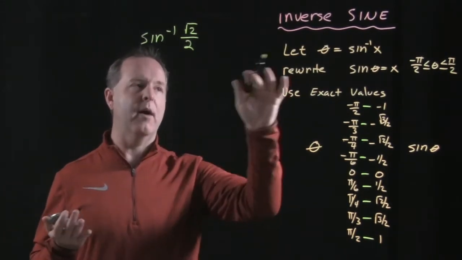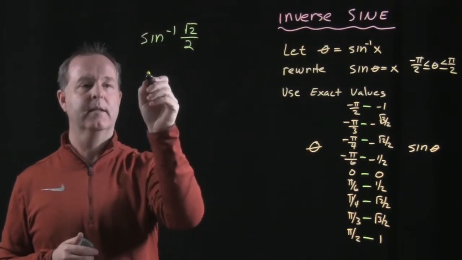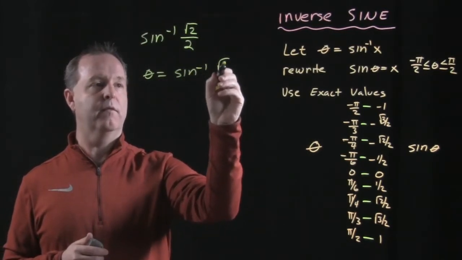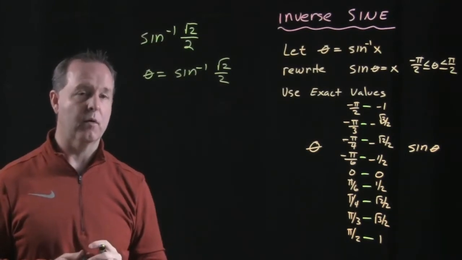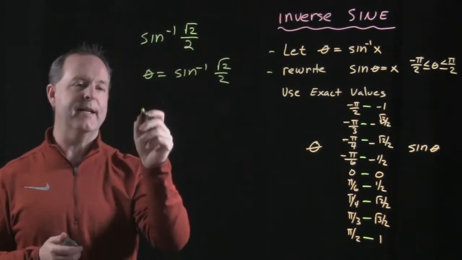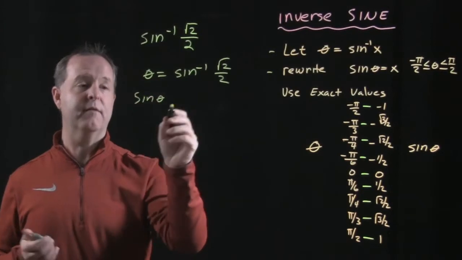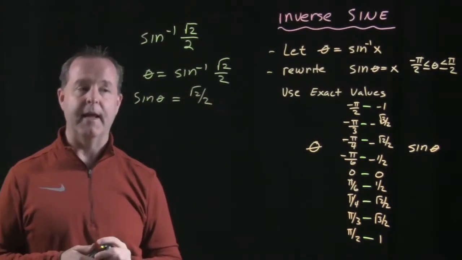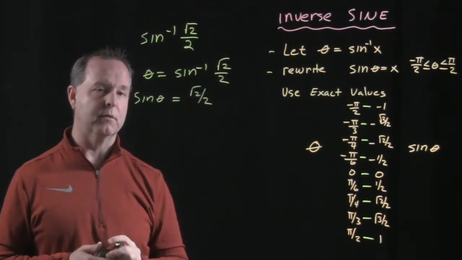Well, first of all, we think about it in terms of angles. So I have some theta, which in this case would equal the inverse sine of root 2 over 2. What's the angle whose sine is root 2 over 2? My second step, I'm going to rewrite that in terms of the sine of theta using the definition of inverse. So the sine of theta equals my x value, in this particular case, root 2 over 2.